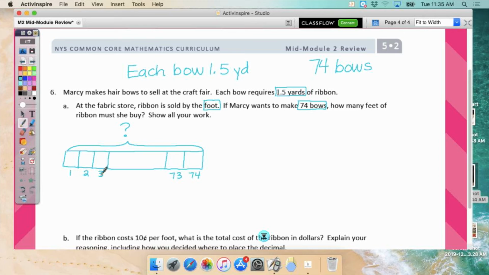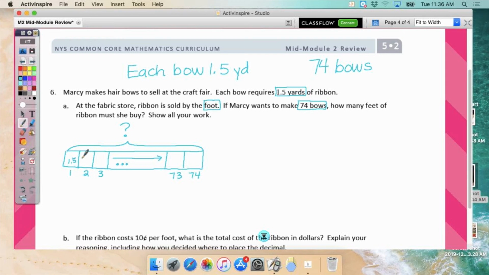Anybody see this on Zern yet? Yep. Something like this? Okay, so that represents the 74 bows that Marcy's going to make. Now, how much does each bow require? 1.5 yards.